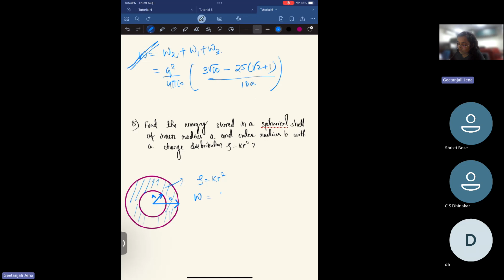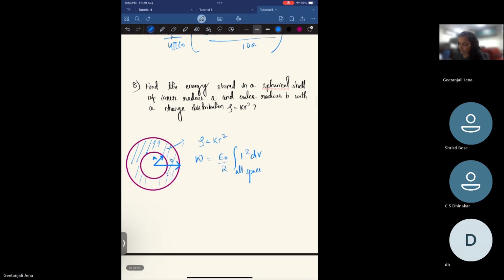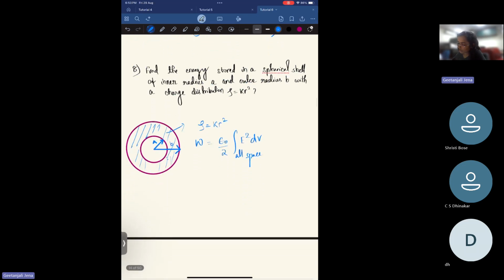Work done, if you recall, is epsilon by 2 E square dV over all space. And the charge distribution is symmetric, so you can use Gauss law to find the electric field.